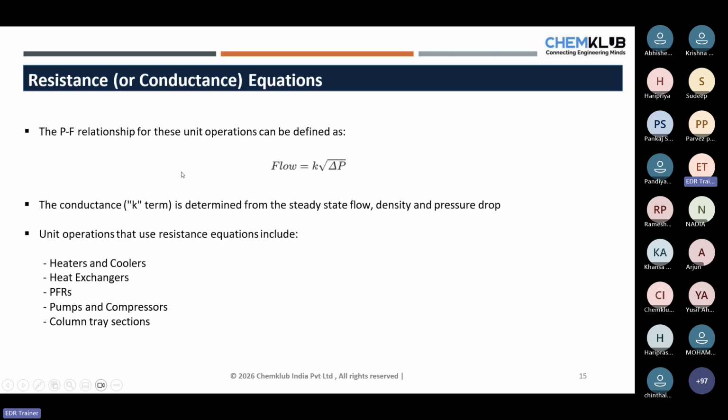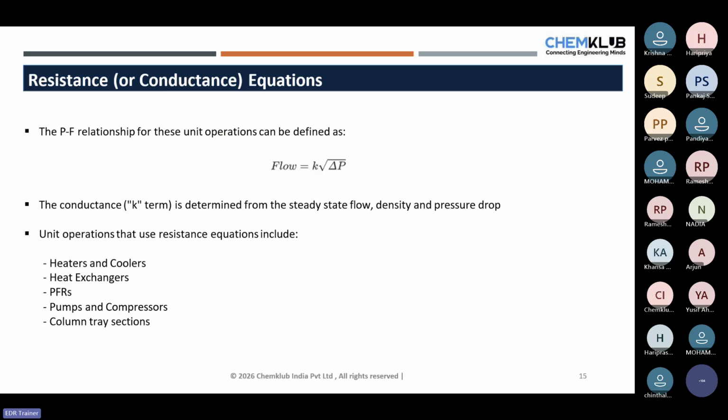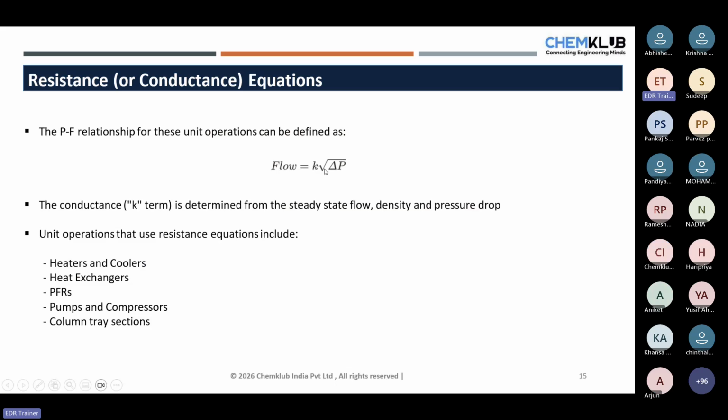Coming now to the resistance. The pressure and flow relationship goes as: flow is directly proportional to the square root of delta P. Now, how does this occur? We know the Bernoulli equation.